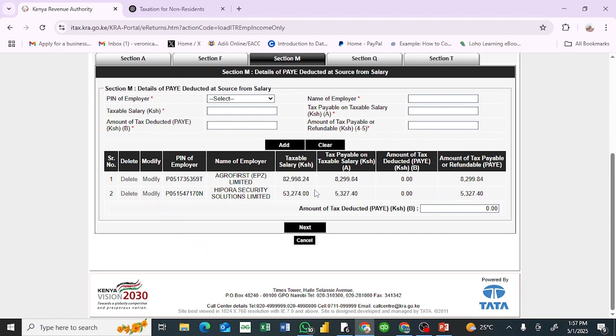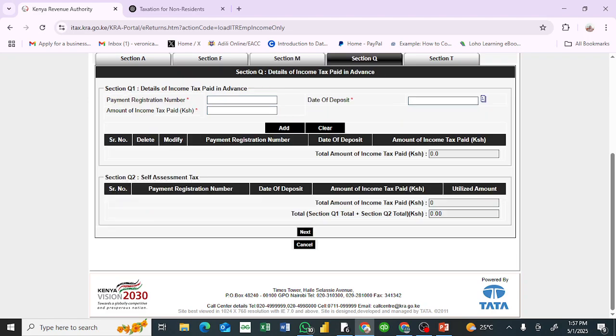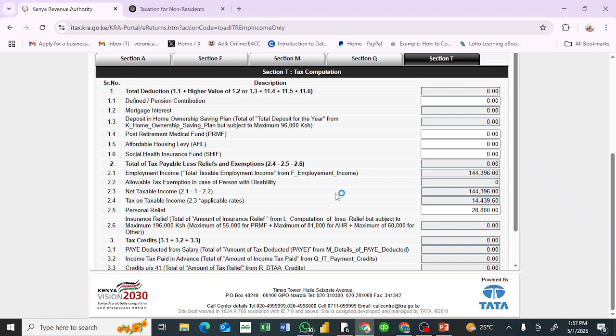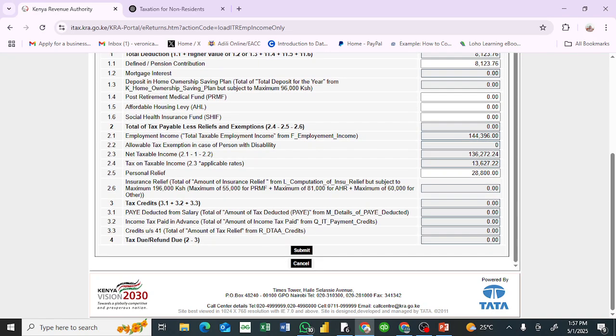So unapata 8,123.76. So the difference of gross pay less taxable salary ndo unapata pension contribution. Yes, so that figure tumepata, that is 8,123.76, ndio our pension contribution. Yes, so we have no other details tunafaa kuchaza.